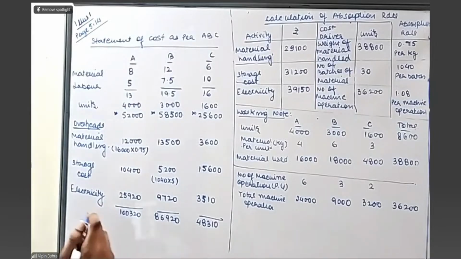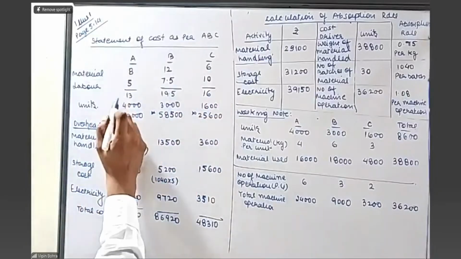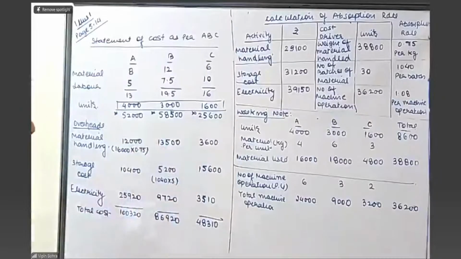So this is my total cost. If we divide it by the number of units, 4,000, 3,000 and 1,600, we will get the cost per unit.